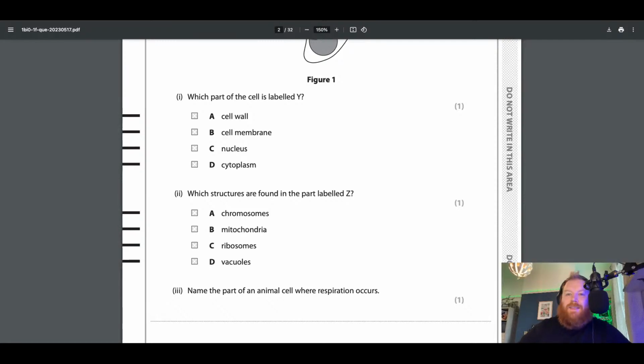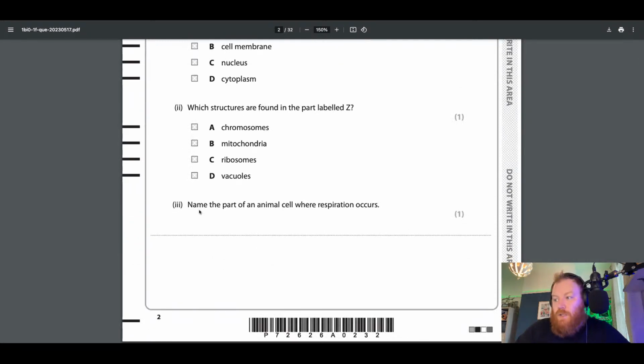Now, when we're then starting to move on to the next question, name the part of the animal cell where respiration occurs. So they're just looking for a name in this scenario. They're not looking for a description or an explanation. So where respiration occurs, that is in our mitochondria.